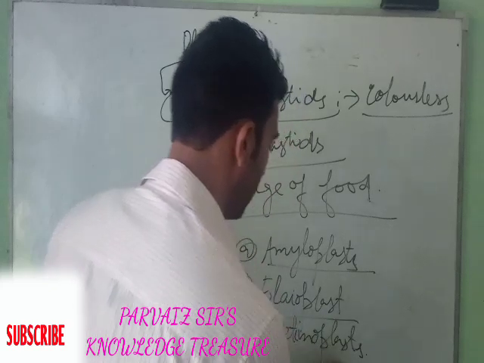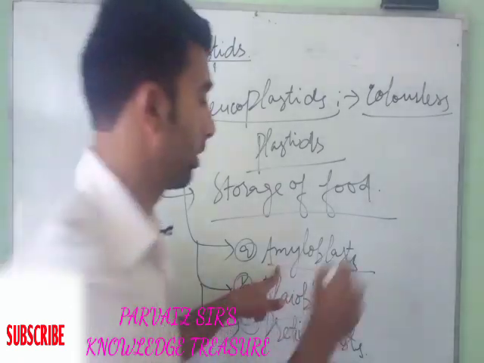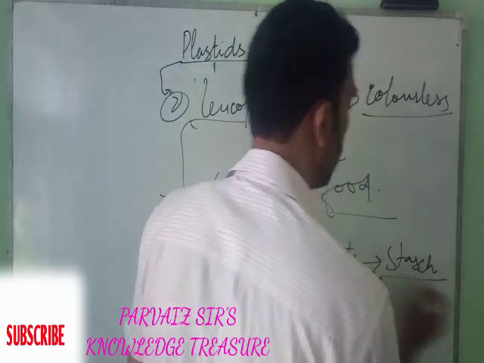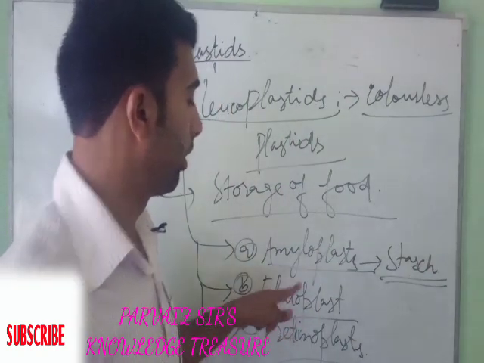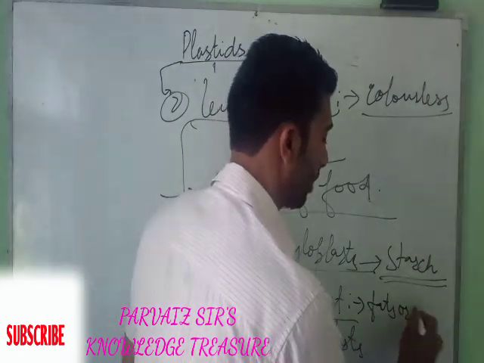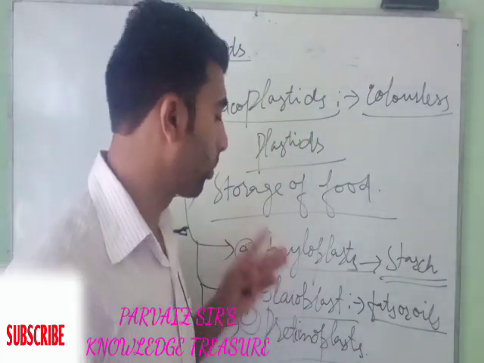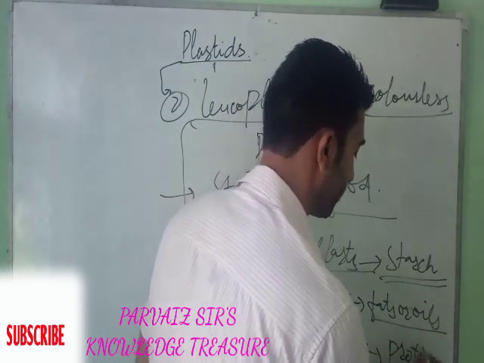As the name suggests, those plastids which store starch are called amyloplasts. Those plastids which store fats or oils are called elaioplasts, and the plastids which store proteins are called proteinoplasts.